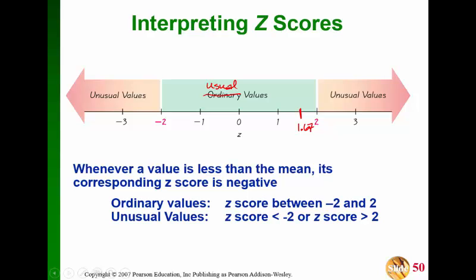Basketball players, and other people who are shorter than that, would be people who are unusual in height: extremely tall or extremely short compared to everybody else.